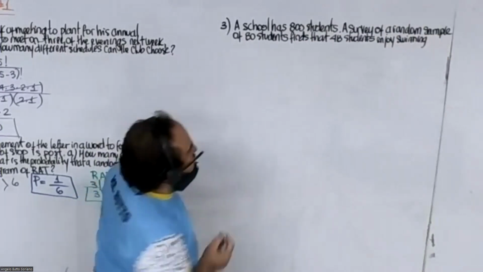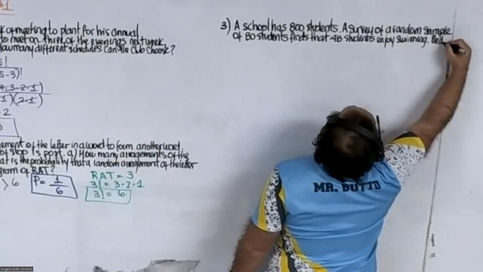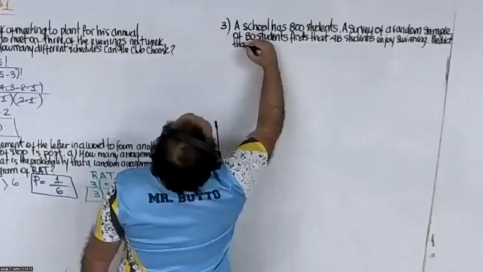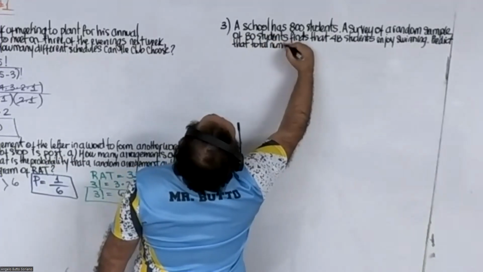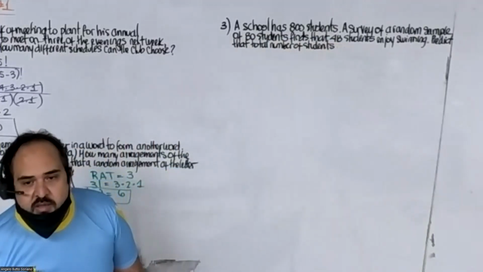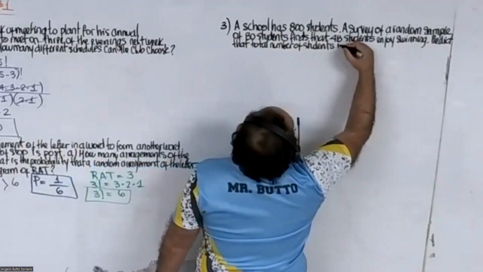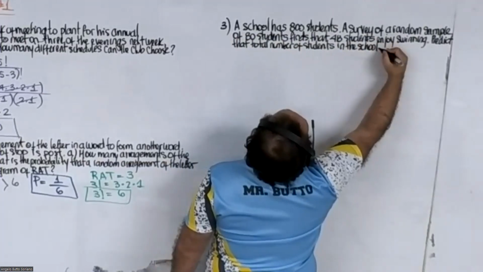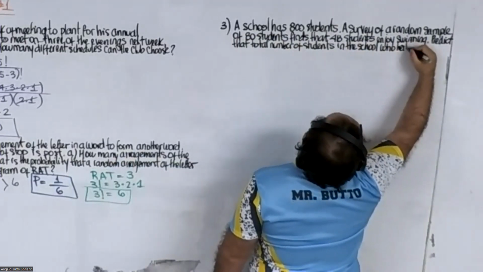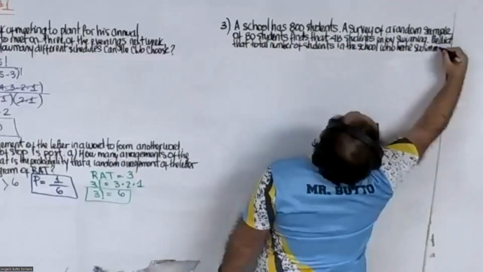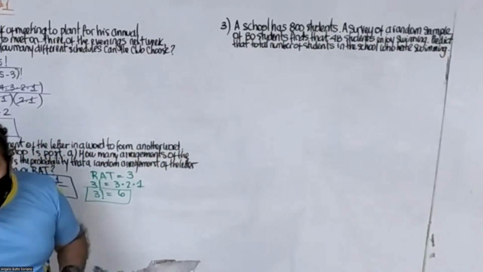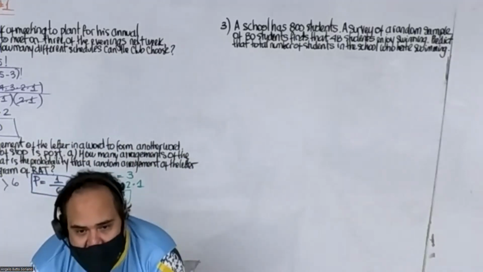The question is, predict the total number of students in the school who hate swimming.